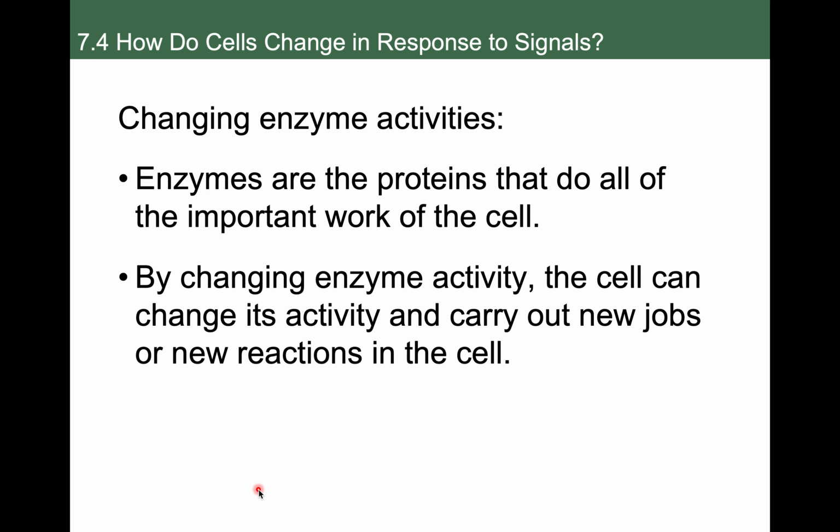I already mentioned this idea of altering enzyme activities, but just keep in mind, enzymes are proteins that are catalyzing chemical reactions, and their activity can be either enhanced or inhibited by tweaking the shape of the particular enzyme. So obviously if we enhance an enzyme's shape, enhance its activity, whatever reaction it's catalyzing is going to happen more frequently.